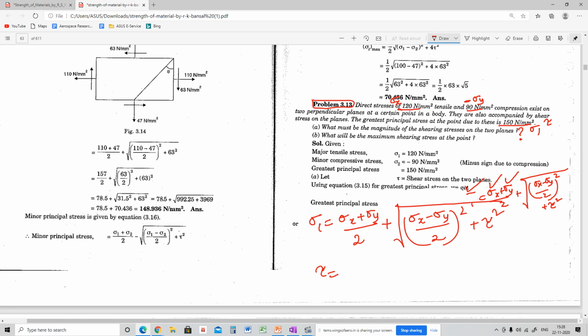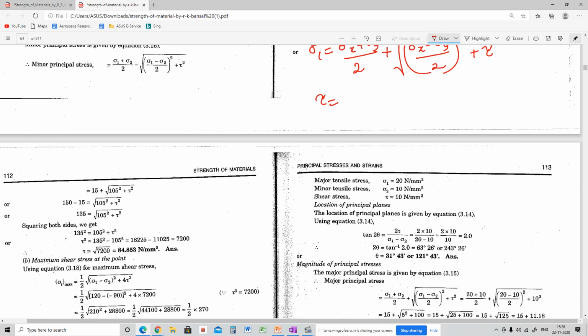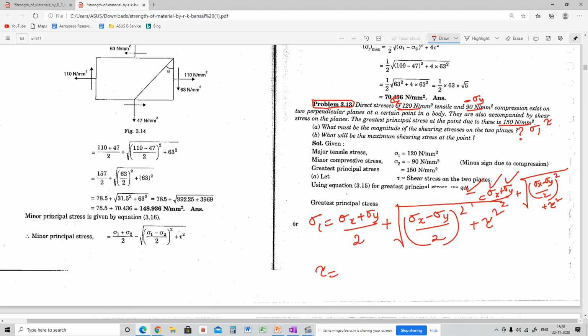Is it 84.85 Newton per mm square? Yes, 84.85, absolutely. Next, what have they asked? What will be the maximum shearing stress at the point? Maximum shearing stress means you have to find tau max. What is the tau max formula?